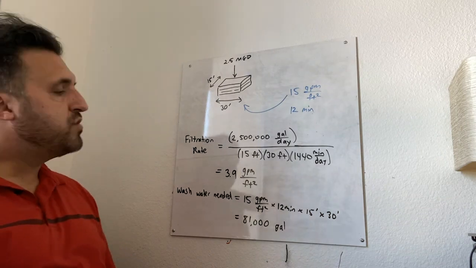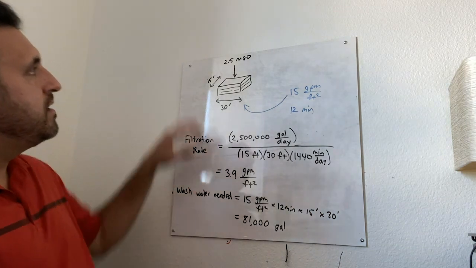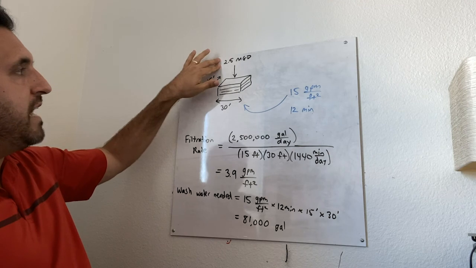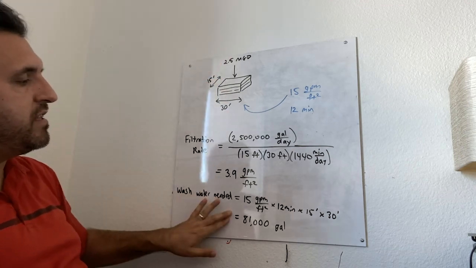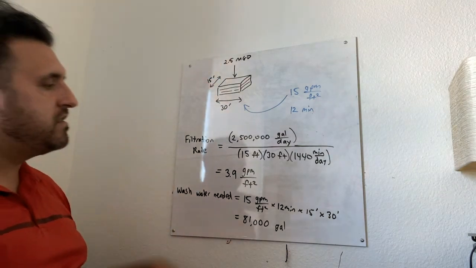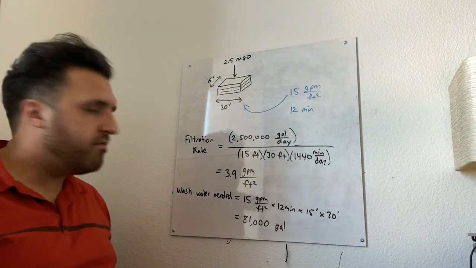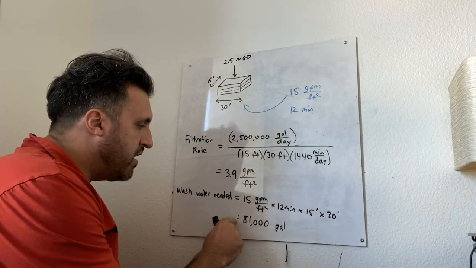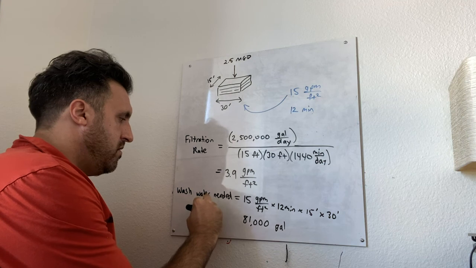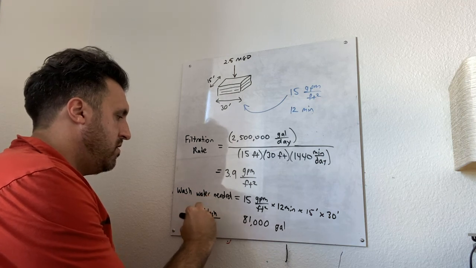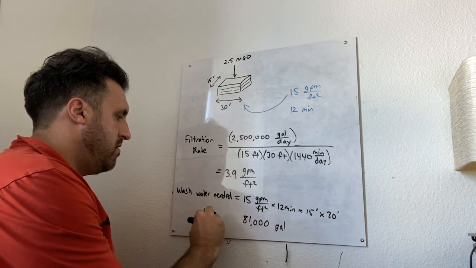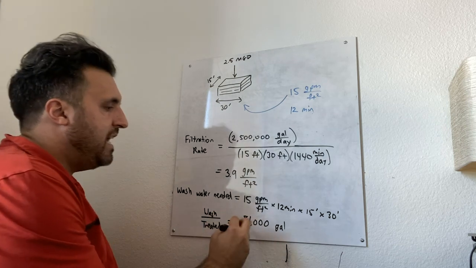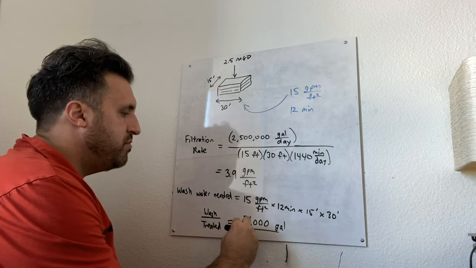Alright, so in a 24-hour period, we're treating 2.5 million gallons, and then we're backwashing with 81,000 of those gallons. So the ratio of wash water to treated water is 81,000 divided by 2.5 million.